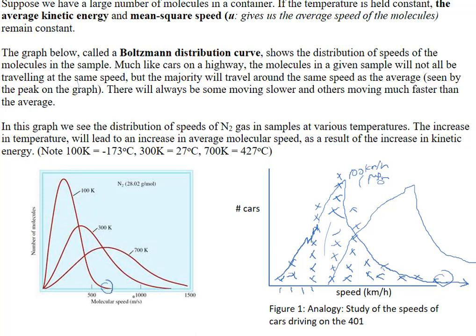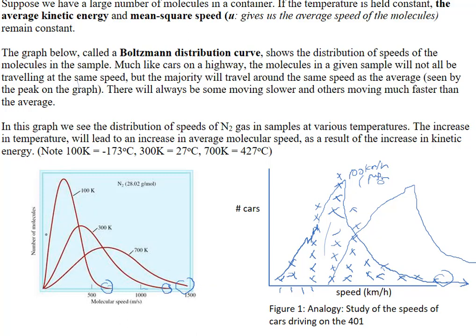If I take this at 100 Kelvin and I pull on it over here, I'm going to get this new distribution of the speeds of the gas molecules in the sample. Then if I increase the temperature even further, I'm going to pull that even further and change the distribution.